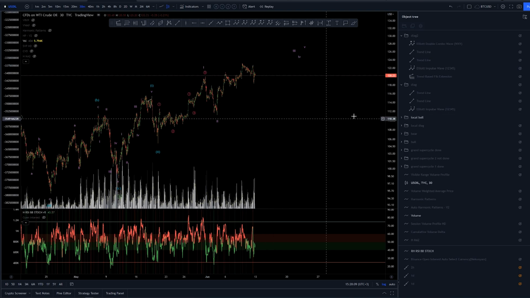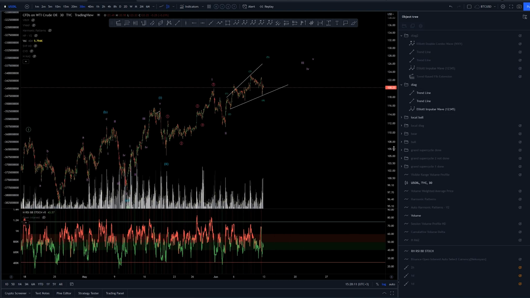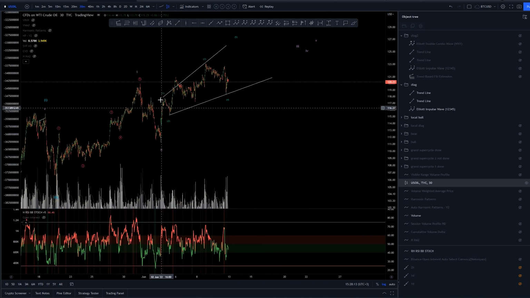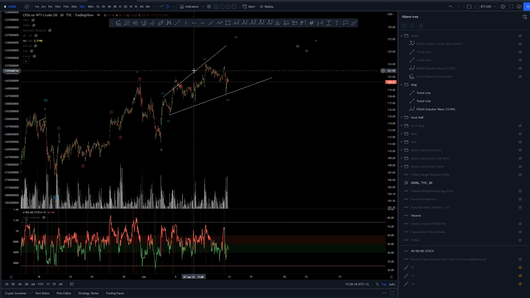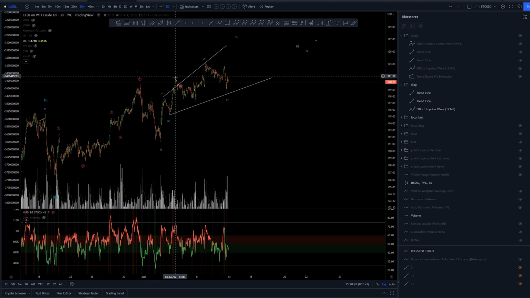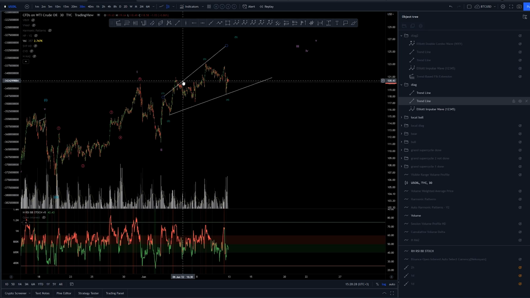Again, this mess here, let's take a look. One possibility is this one, where we have a 1 here, wave 2 here, 3, 4, and 5, an expanding diagonal, but the issue is this structure here goes way above the trend line. Usually that doesn't happen in expanding or any diagonals, so that makes this a less likely count.